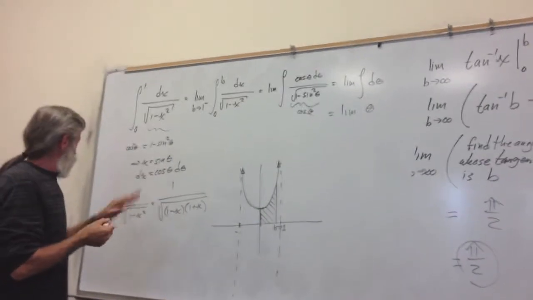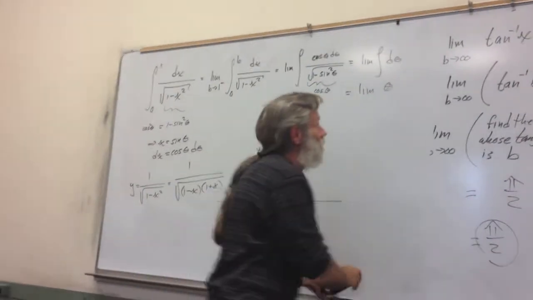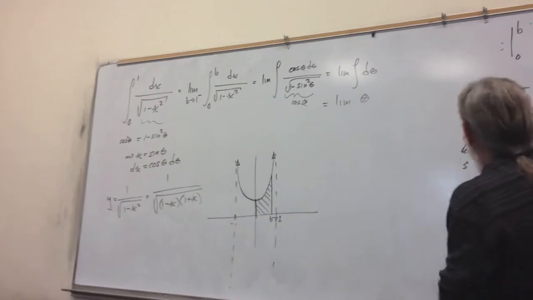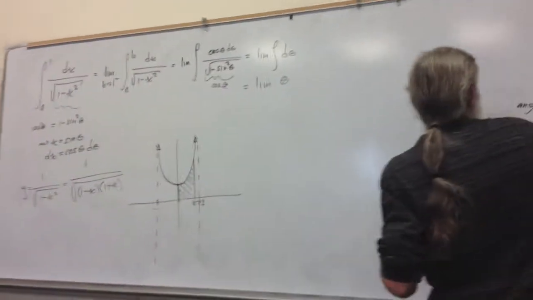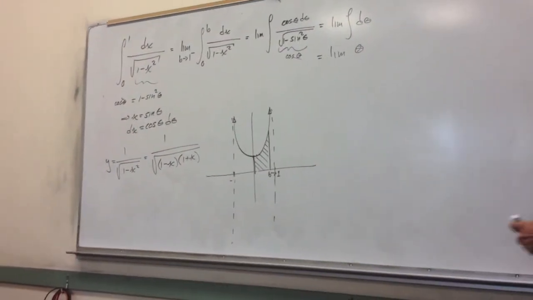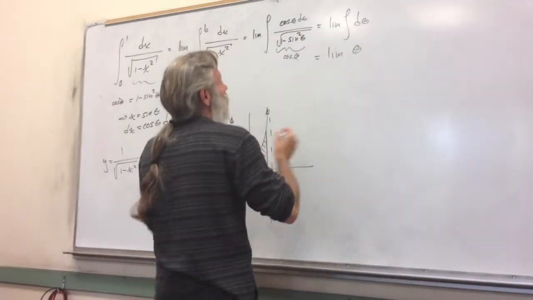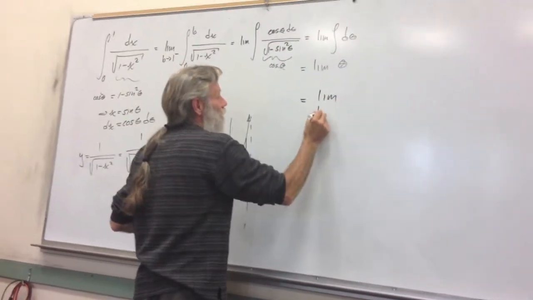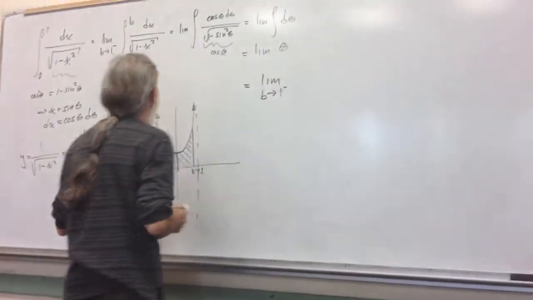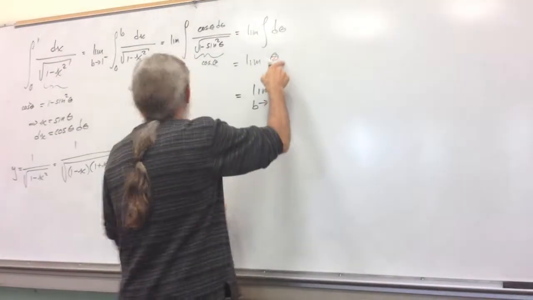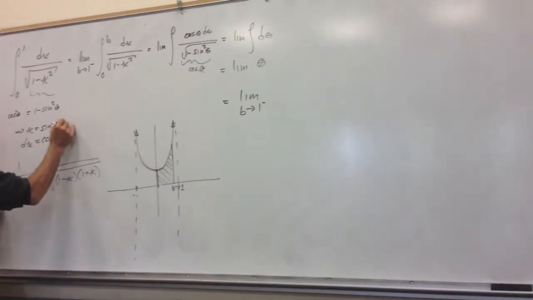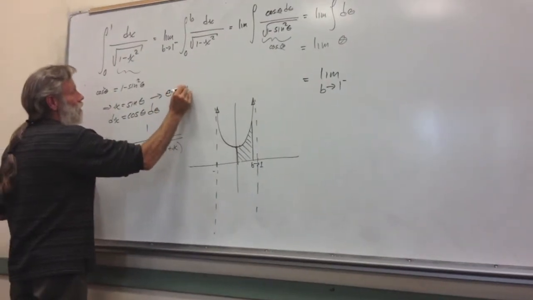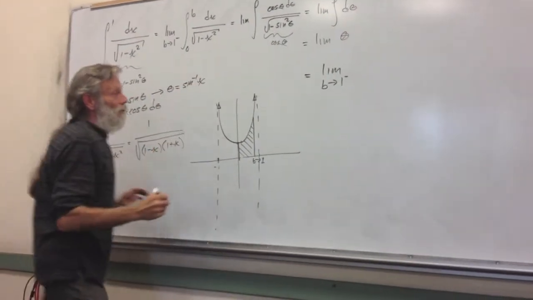Then we have to go back and decide what theta is and write in that detailed limit to get the answer. So now it's really the limit as b approaches 1 from the left. Theta, we know, is the arc sine of x.